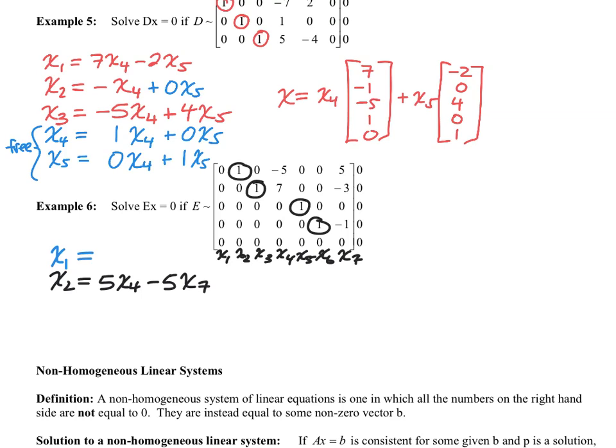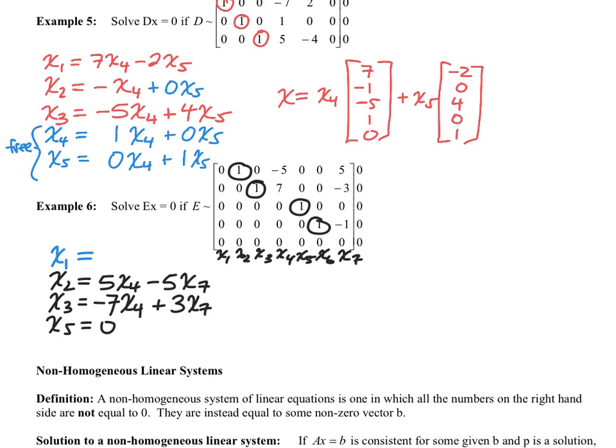I could just jump right into x sub 1 is equal to x sub 1, but I'm going to leave it blank for a sec. All right. X sub 3 is going to be equal to -7 x sub 4 plus 3 x sub 7. X sub 5 is equal to 0, among other things.